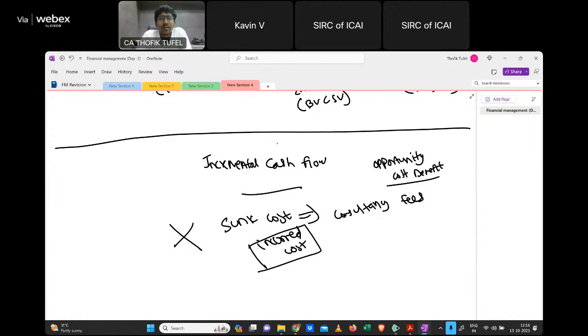Sunk cost. What is a sunk cost? The cost which has been incurred and is irrelevant for taking a decision. Cost which has been incurred, irrelevant for taking the decision.